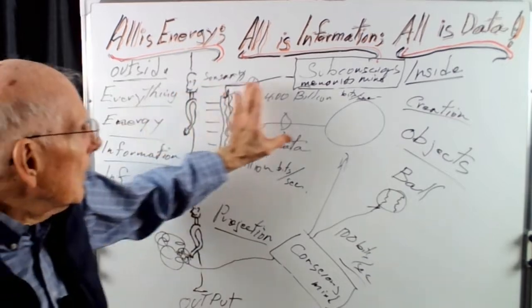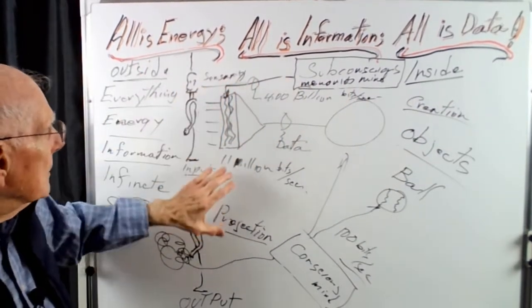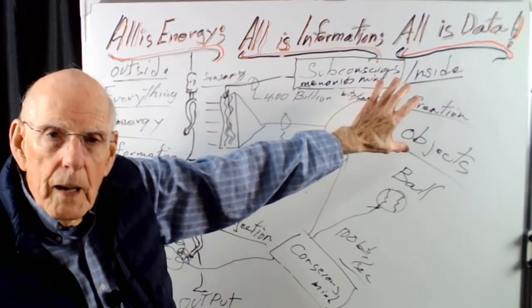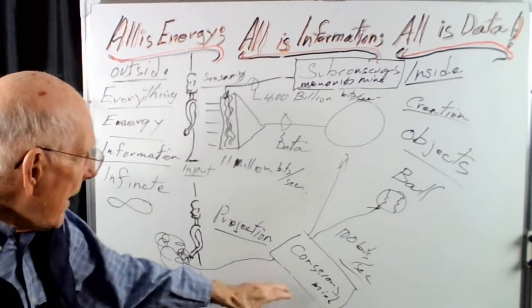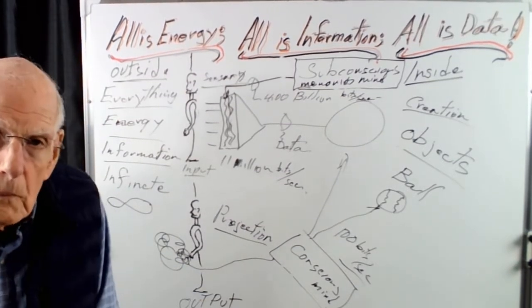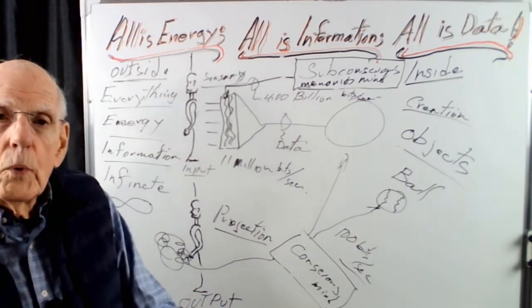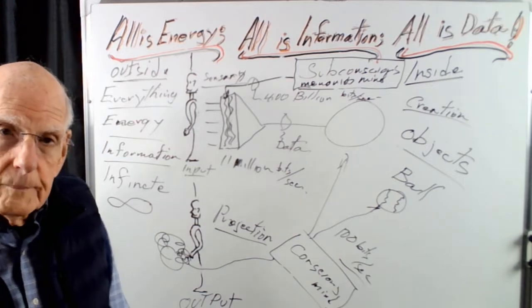Now, up here, everything is happening in millions to billions of bits of data per second. Then we have the conscious mind. We can test it pretty well because we're aware of it.